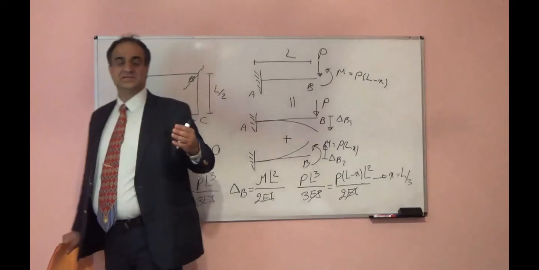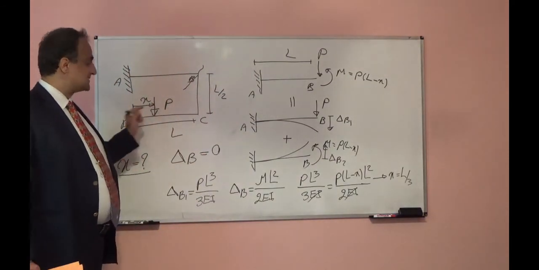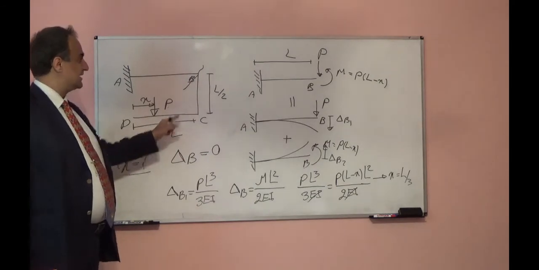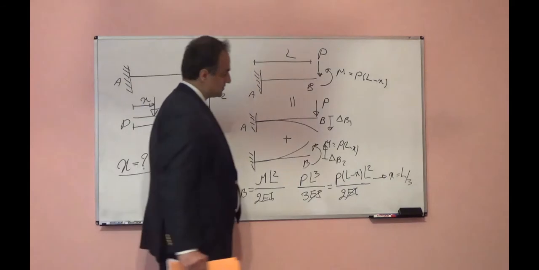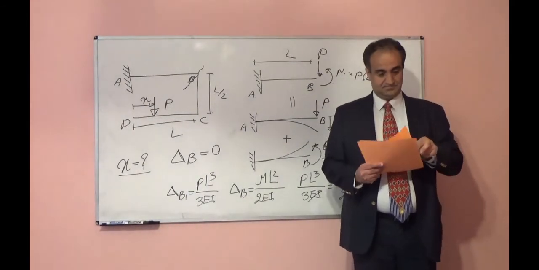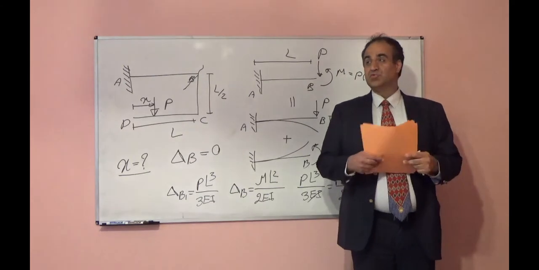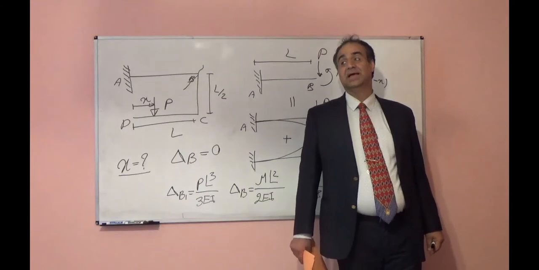To make a long story short, if I apply this load downward at X equal to L over 3, the deflection at point B will be equal to 0. Try to use superposition. In most cases, superposition will help us.